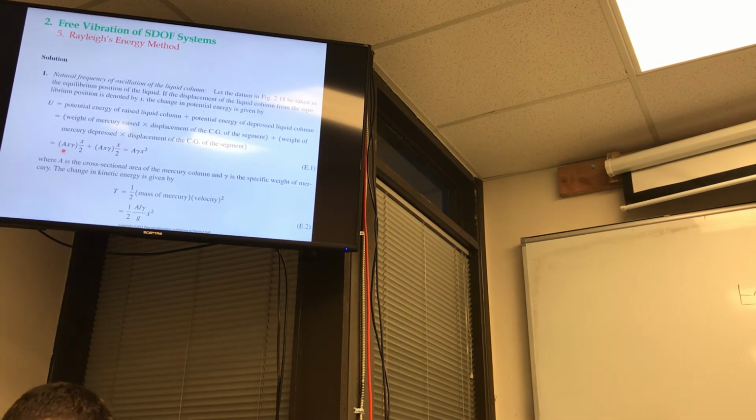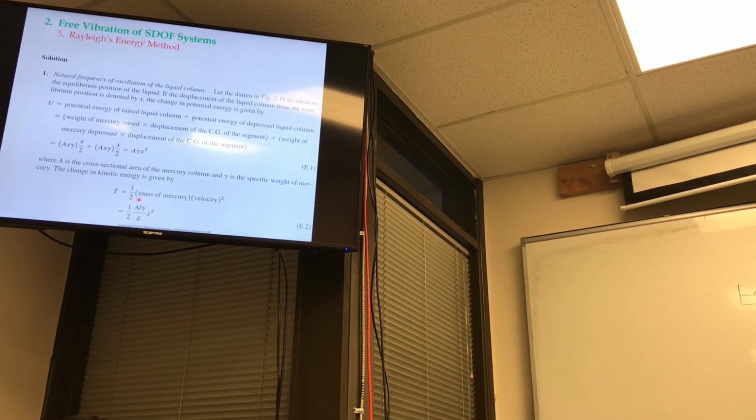Each is A x gamma times x over 2, and when you sum them, you get A gamma x squared. By Rayleigh's method, we say that it is equal to the maximum kinetic energy.